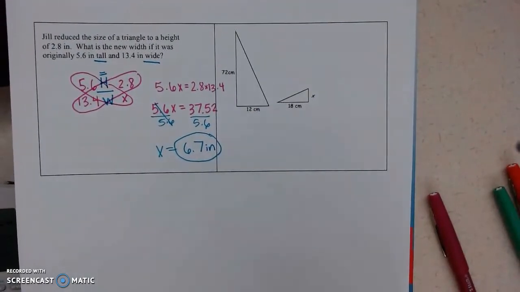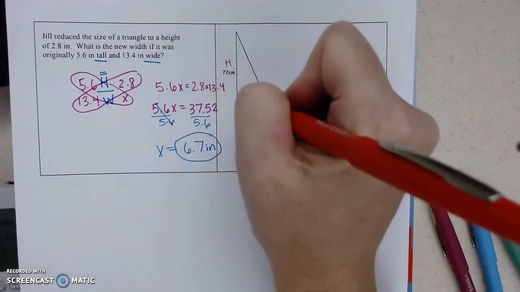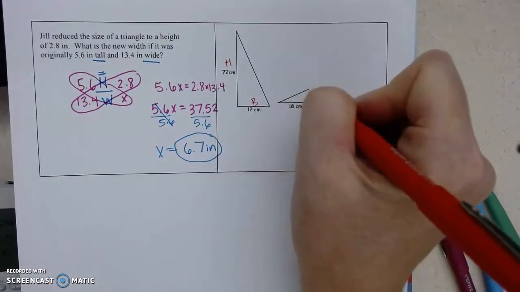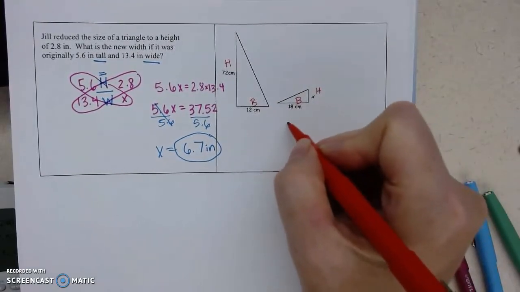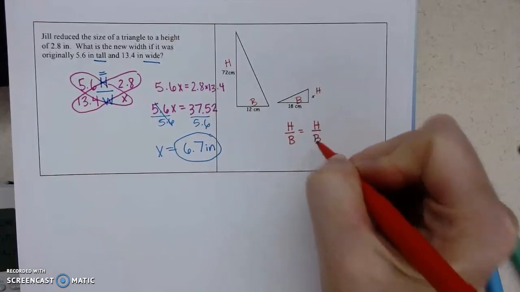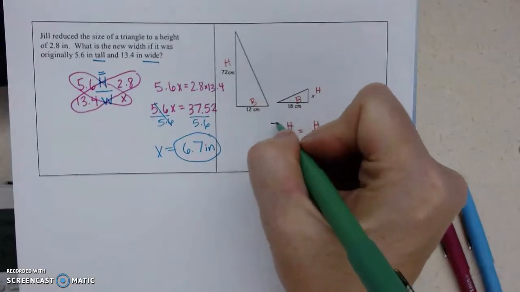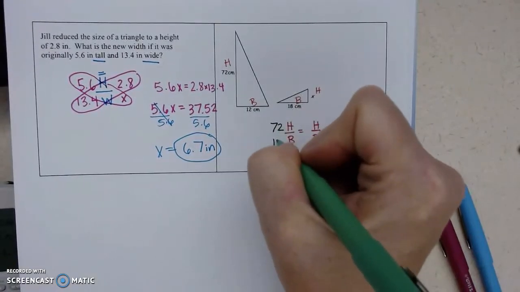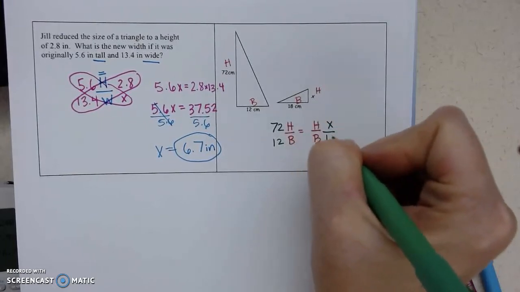All right, the last problem is triangles. So I think of this as a height, and I think of this as a base. So same thing, I've got a height and I've got a base. So height over base equals height over base, if you like them separately. So 72 over 12 is equal to x over 18.